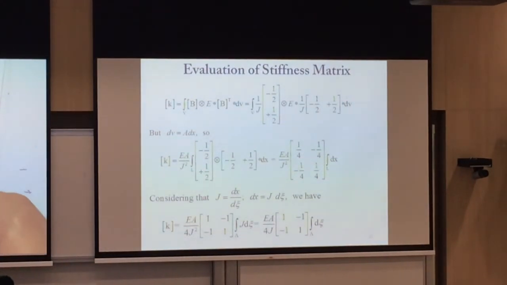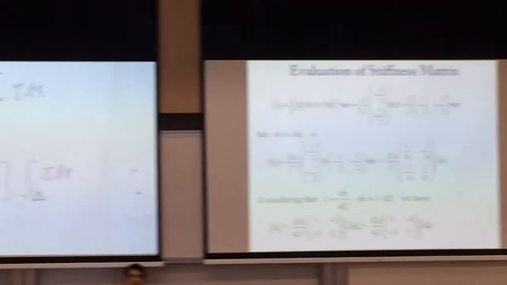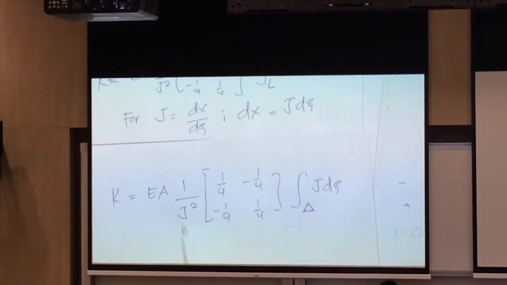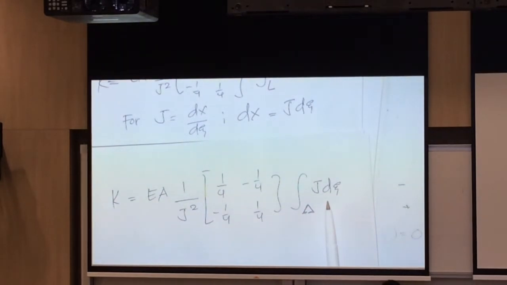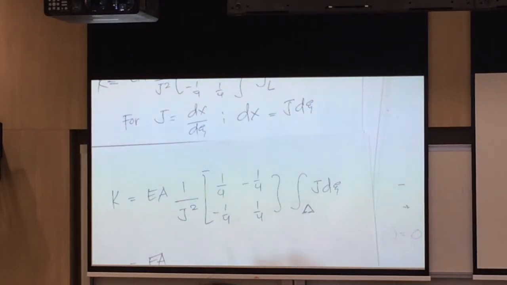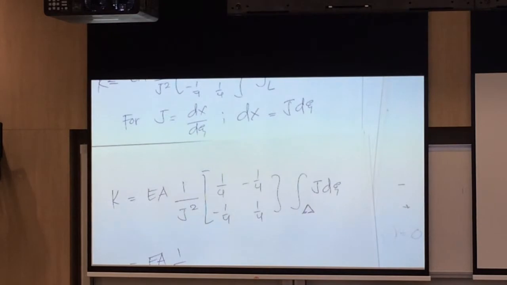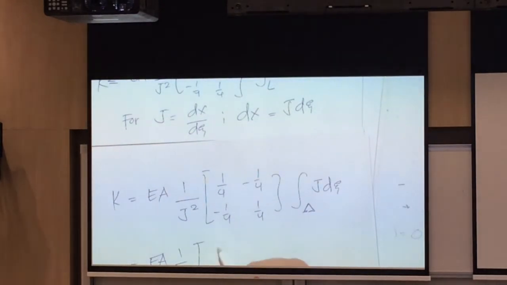So we have this one to be J dc. Yes, so the Jacobian cancels out with 1 dc. So what is dc? That is now EA, remove there 1 all over J. We're getting there.